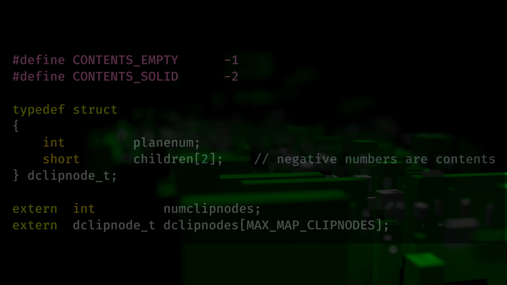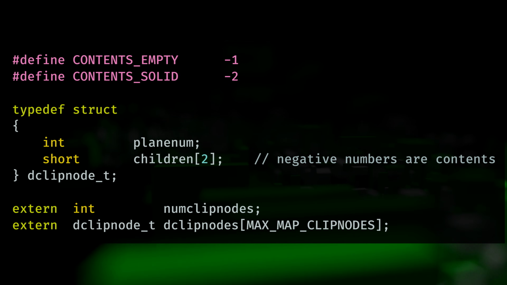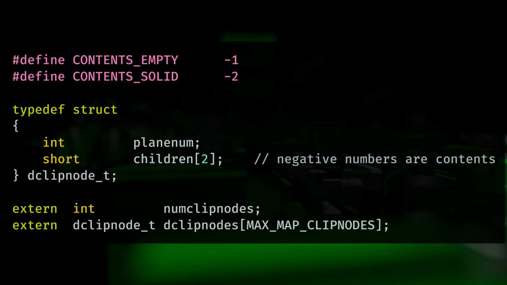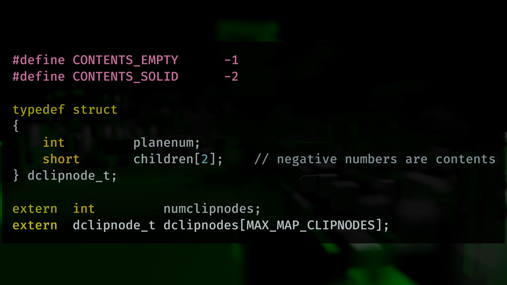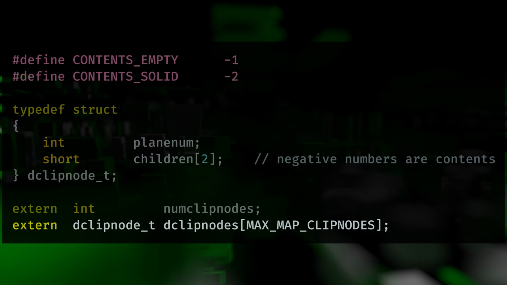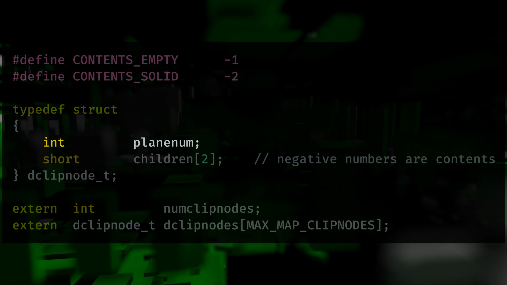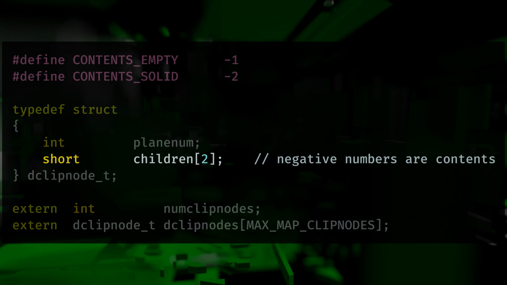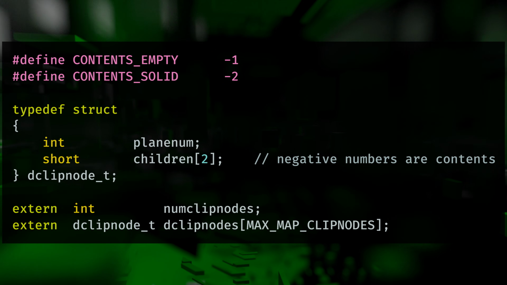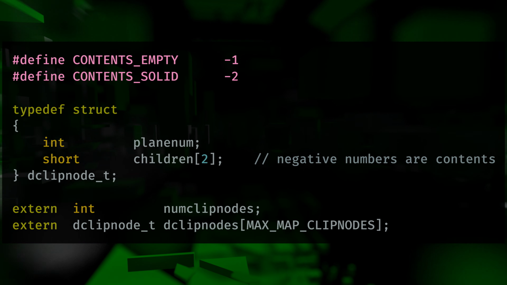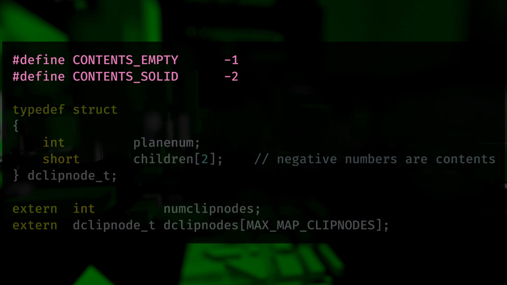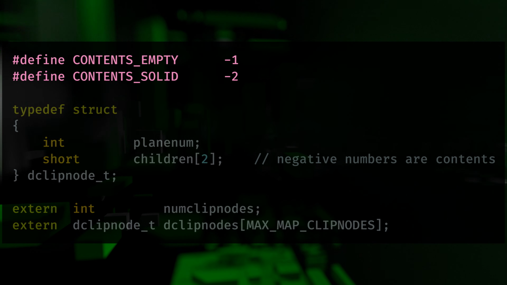The BSP trees were calculated during level development and are distributed with the game as part of the compiled map. The nodes are stored in an array, and each node contains a reference to its splitting plane and the indices of its children in the array. Leaf nodes are not stored directly, but are implied by a negative child index, -1 for empty and -2 for solid.